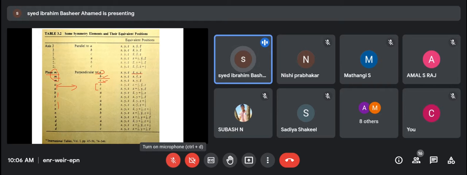B glide can be perpendicular to A and C axis. C glide perpendicular to A and B axis. So if A is perpendicular to B, you will have X plus half, Y bar. And perpendicular to C means X plus half, Y, Z bar. That's all.